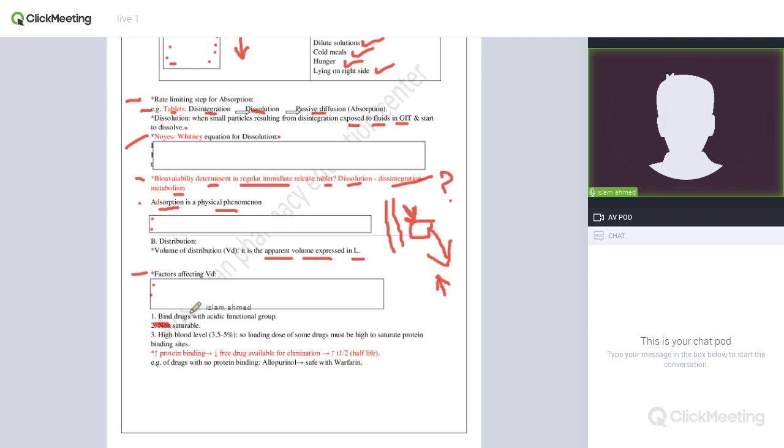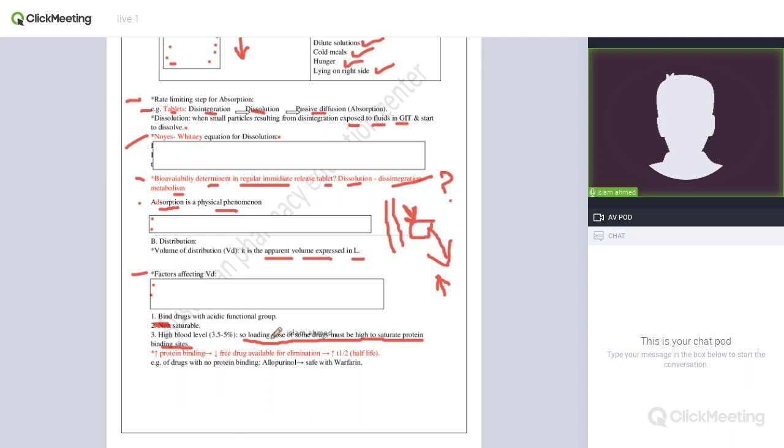The albumin is saturable, meaning that the medication needs to be, I will explain that in a minute. Yes, this is the explanation here. We need to have a loading dose for the drug to be in a high saturated protein binding state.